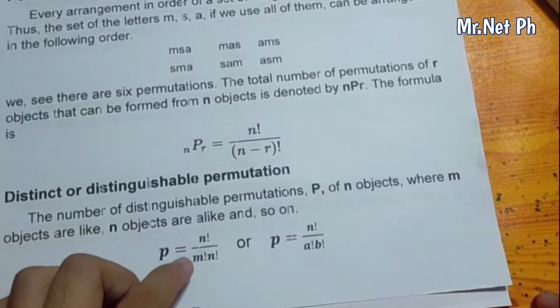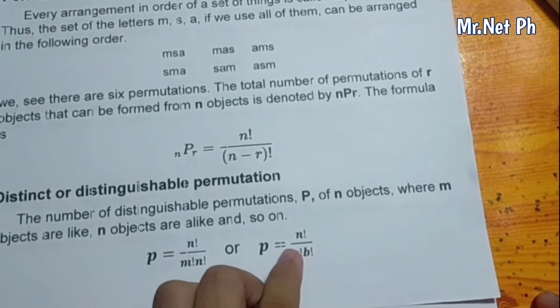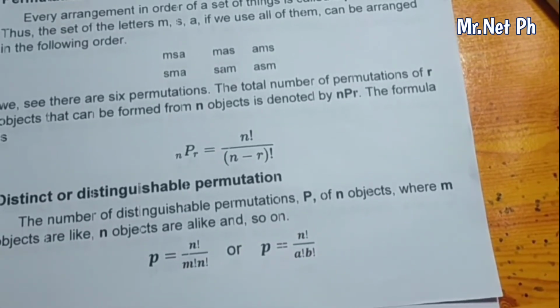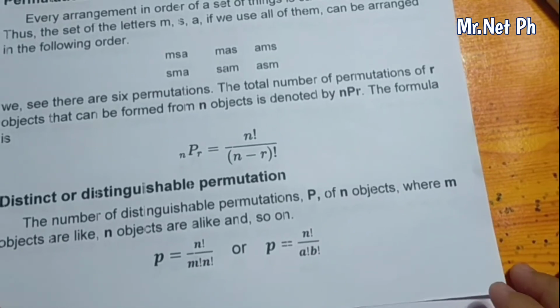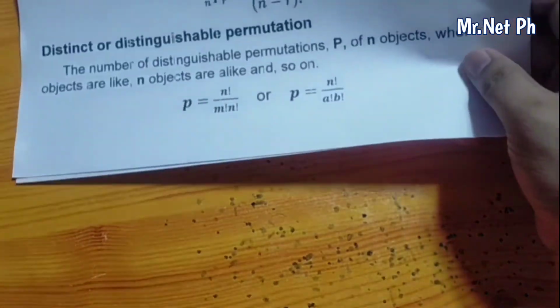So P is equal to n factorial over m factorial n factorial, or P is equal to n factorial over a factorial b factorial. So let's proceed now to the problems in distinct or distinguishable permutation.